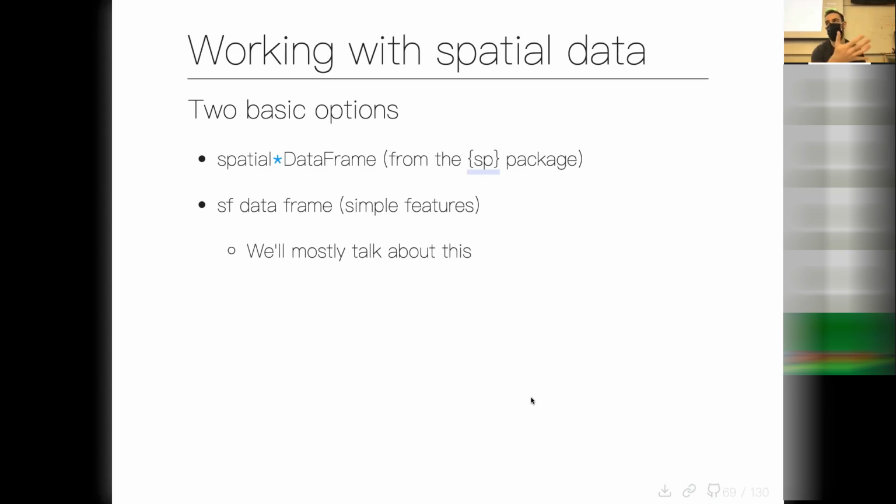And they were data frames that had been sort of transformed to handle spatial data, but if you're used to working with a standard data frame in R, these are much more difficult to work with, okay? They don't print the same, they don't handle the same. And so this still exists and you can still use those for sure, and you'll see them out there, but I'm not really going to talk about them today.